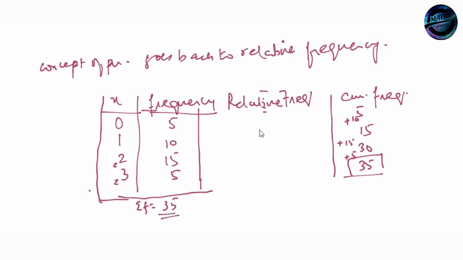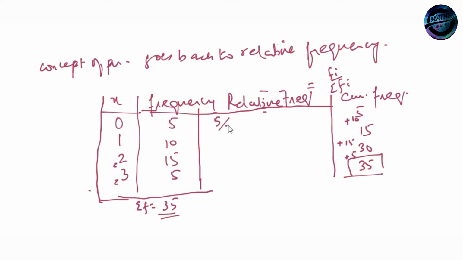Now how would you find the relative frequency? Relative frequency is equivalent to the individual value of a frequency divided by the sum of frequency. So the individual frequency is what over here?